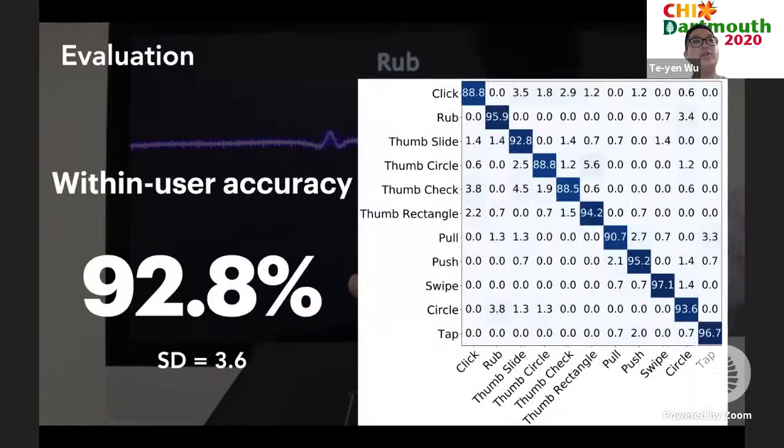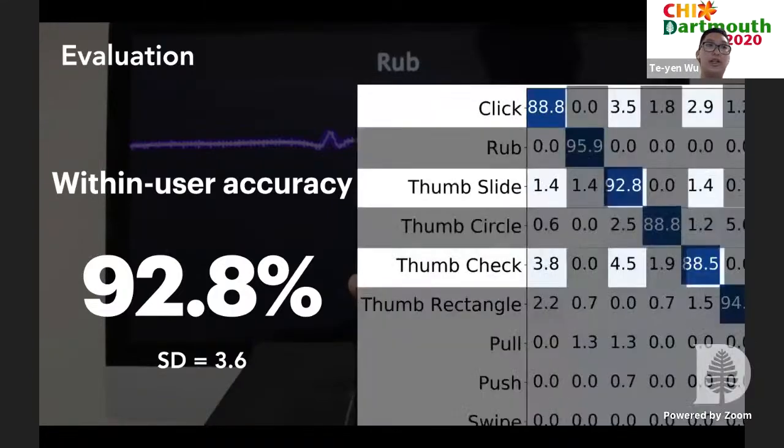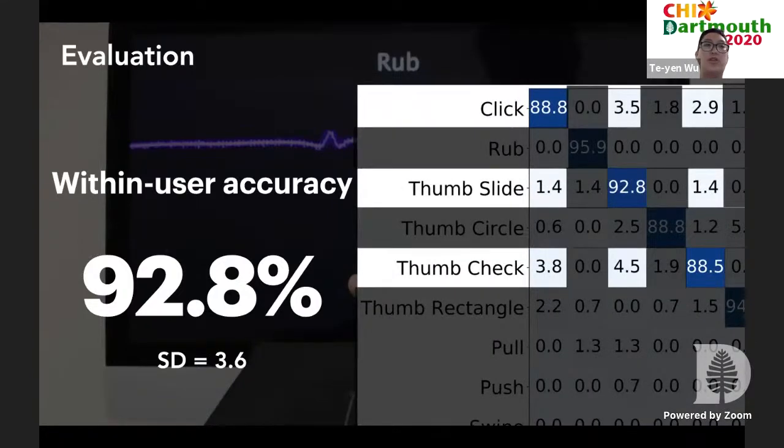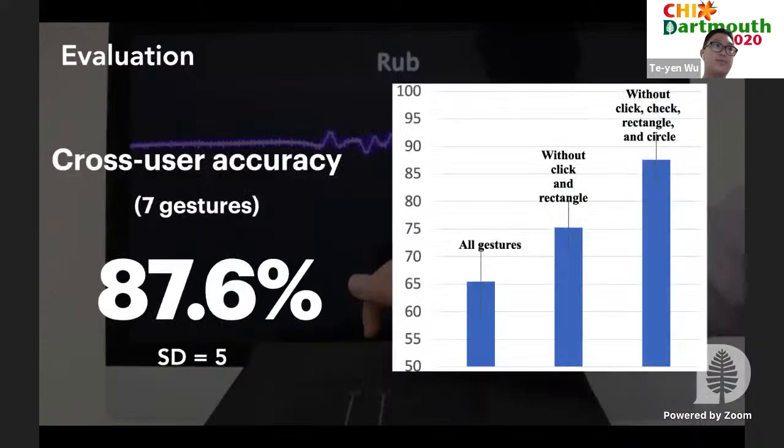As a result, within-user accuracy achieved 92.8%. The major source of error was the confusion between finger gestures with similar motions. For example, kick, thumb slide, and the square account for the most misclassifications, as they all had 2 sharp turns in the motion trajectory.